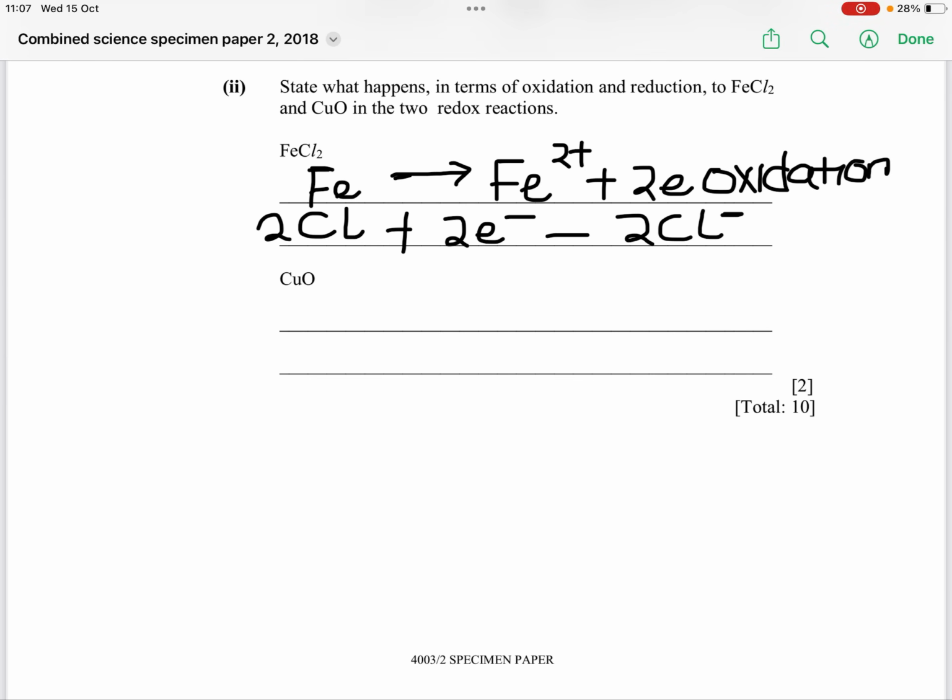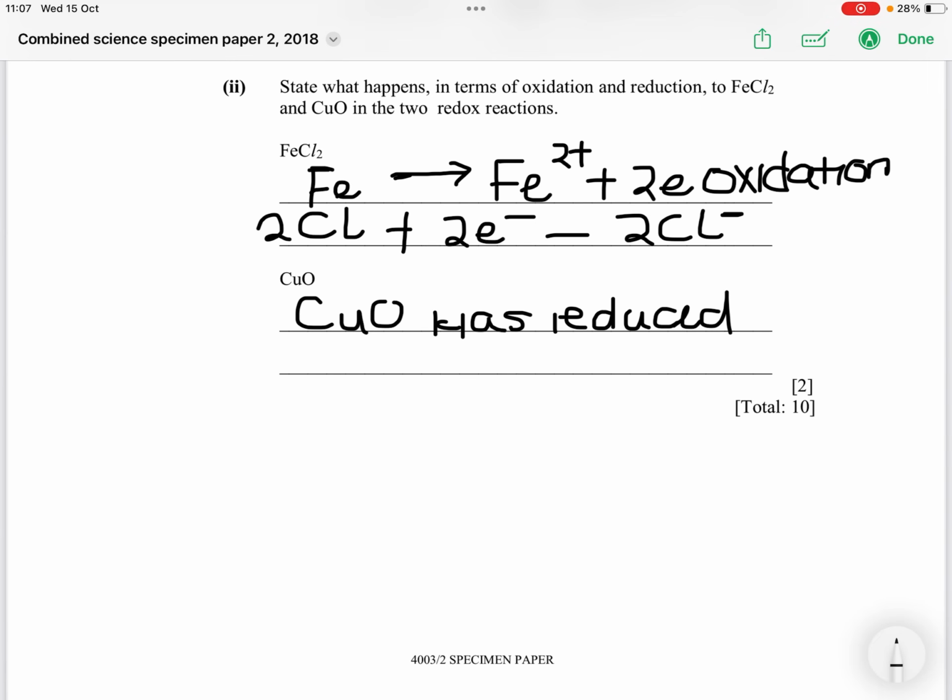For copper oxide, copper 2 oxide was reduced in order to get copper. It has lost the oxygen, and the oxidation number decreases from +2 to 0. So when we are completing here, we say the copper oxide was reduced for us to get the copper.